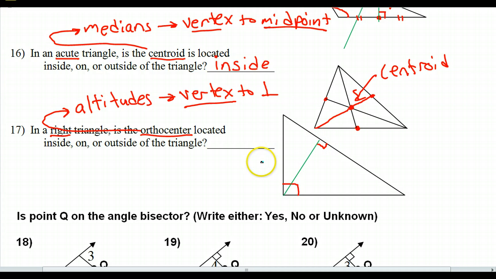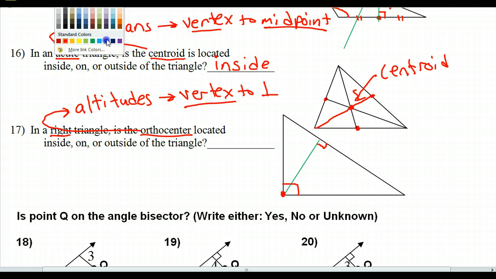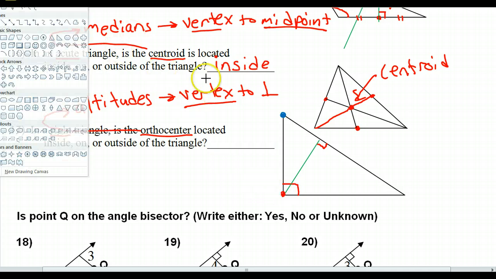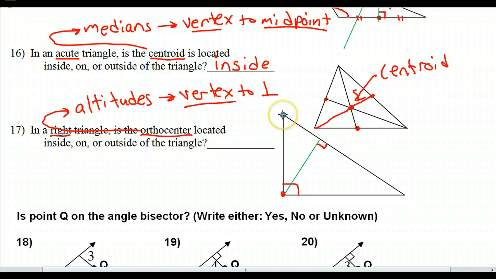But we need at least one more altitude. So I've done this vertex and then perpendicular. Now I'm going to do this vertex. I'm going to switch to blue. If I do this vertex, I need to go from this vertex and be perpendicular to the opposite side. Well, this one's interesting because if I was over here, I wouldn't be perpendicular.